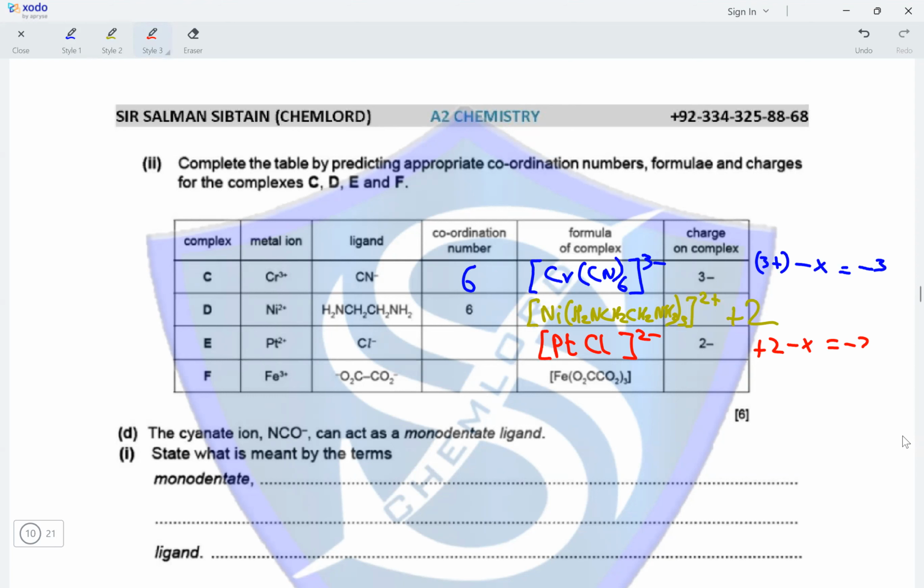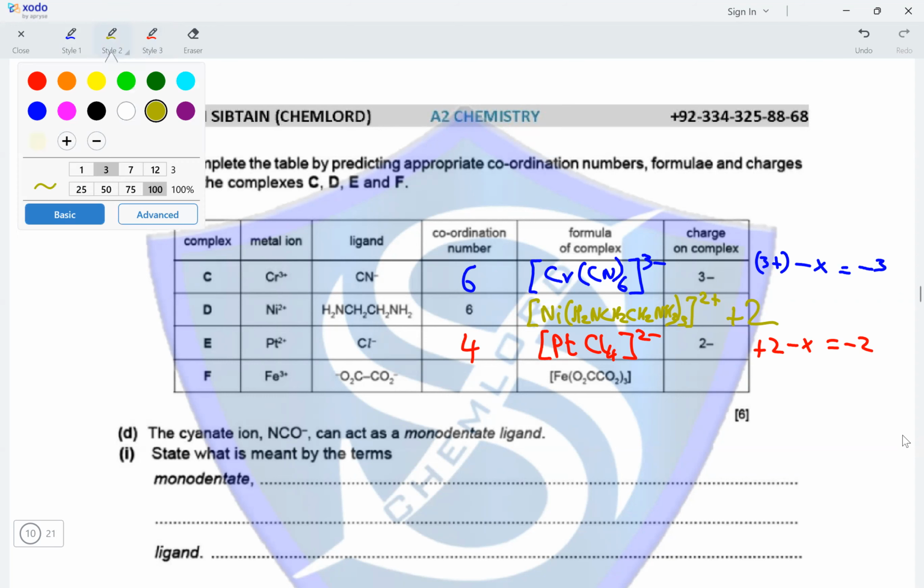This is equal to minus 2. So when we carry over plus 2 on the other side, it becomes minus 4. So minus x equals minus 4. That means the value of x is plus 4, meaning there are 4 chloride ions present in this complex, which means there are 4 monodentate ligands forming 4 dative covalent bonds, making the coordination number of this complex 4.